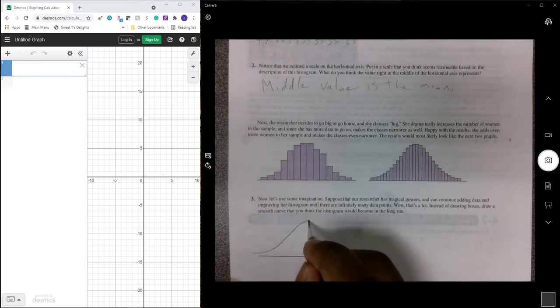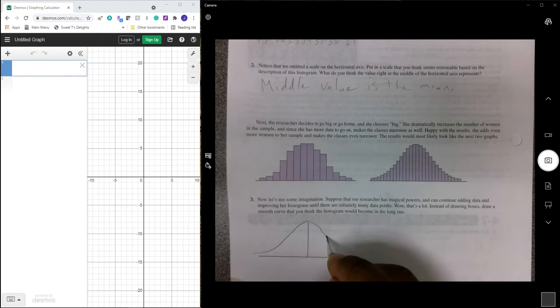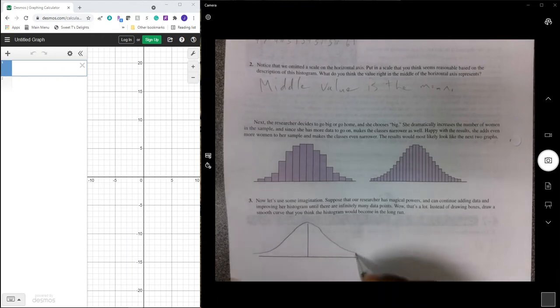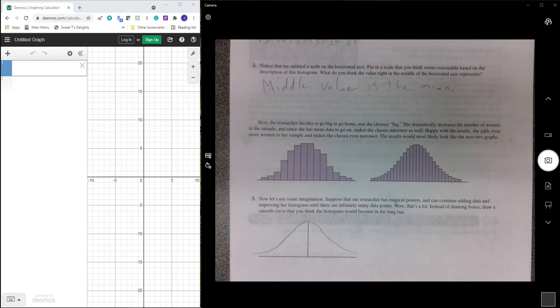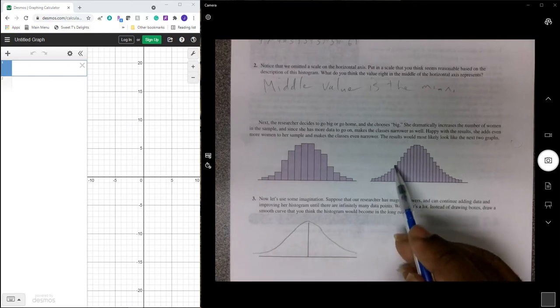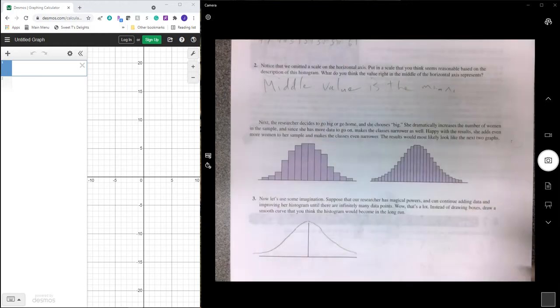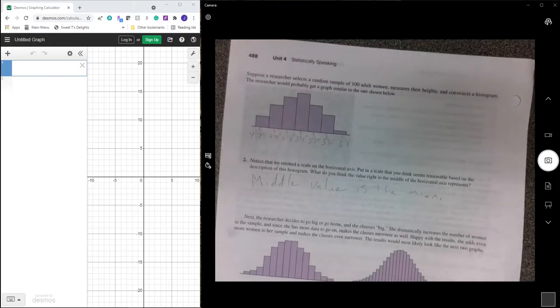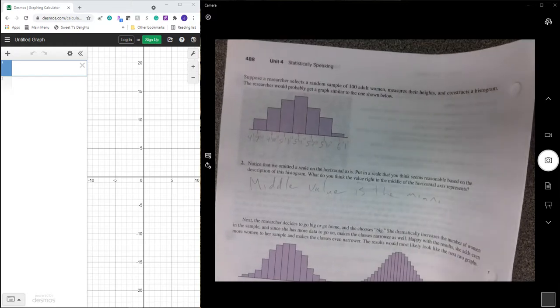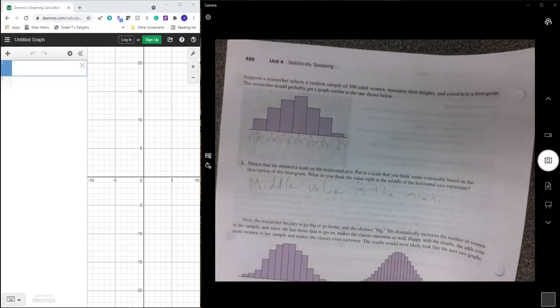So let's try and do a smooth curve here. Okay, that's what the histogram would somewhat look like. And if you look here, it looks similar to this here, similar to this here, and so on.